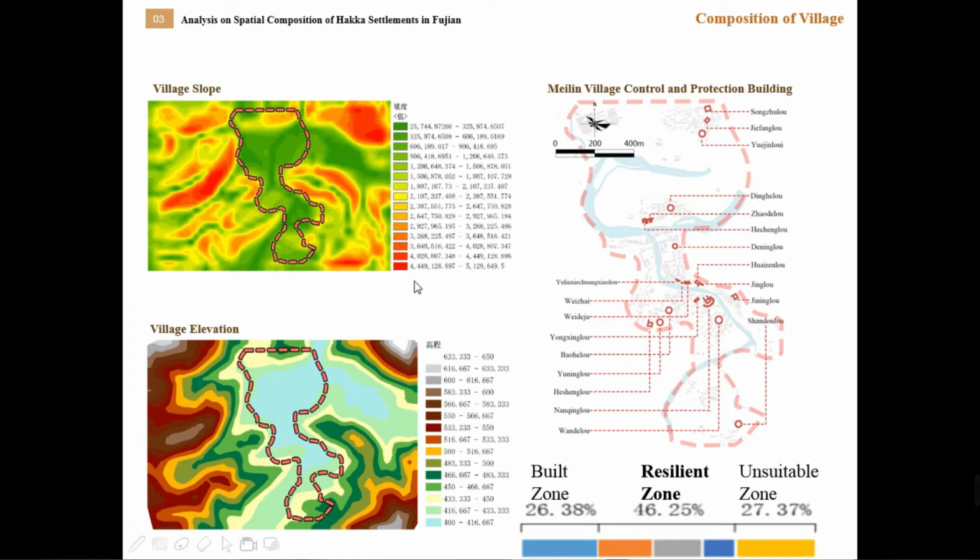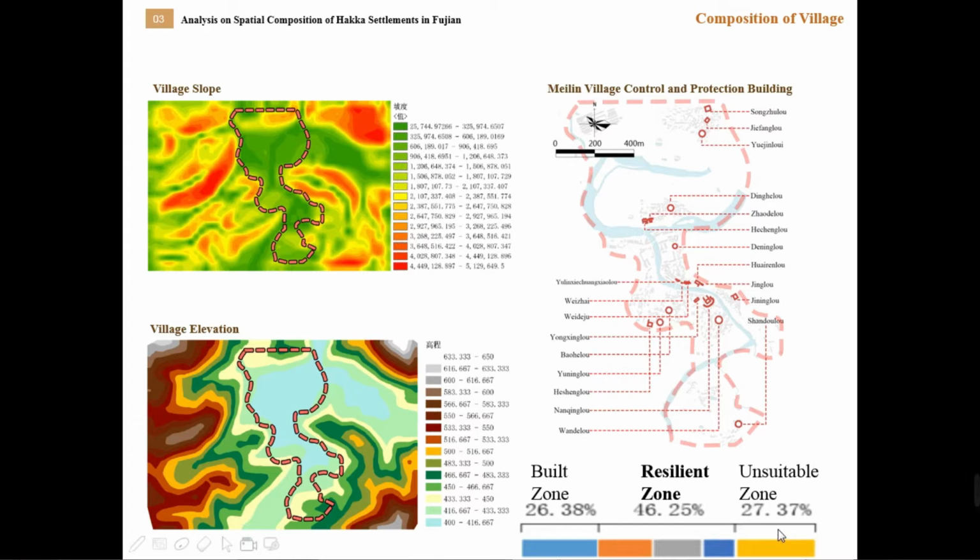And this is the terrace of that area, and what does it mean? 22.33% of the area is built zone, which cannot be moved anyway. And then we have the unsuitable zone, which is 27.37%.